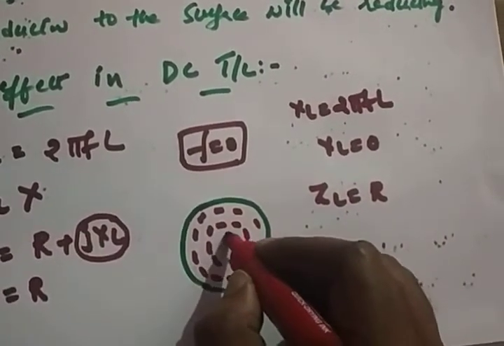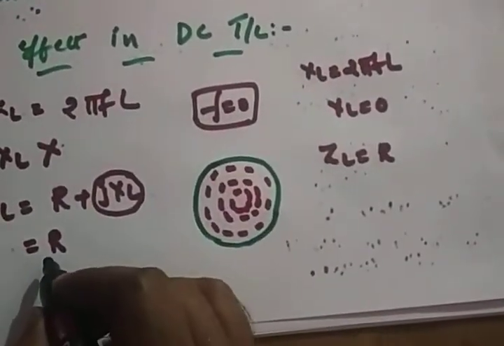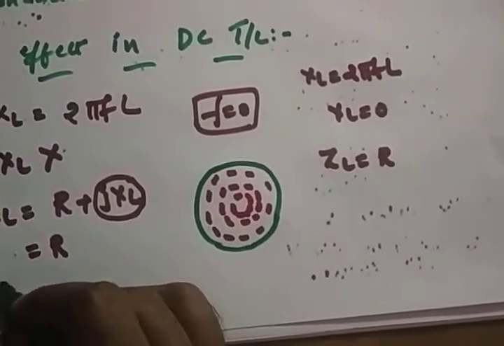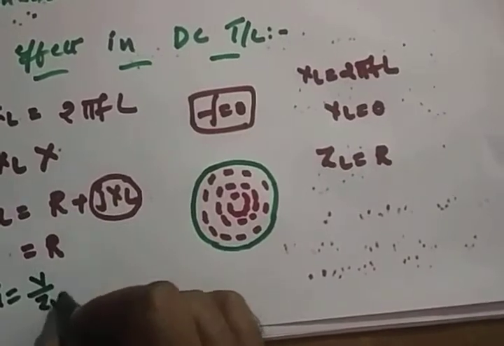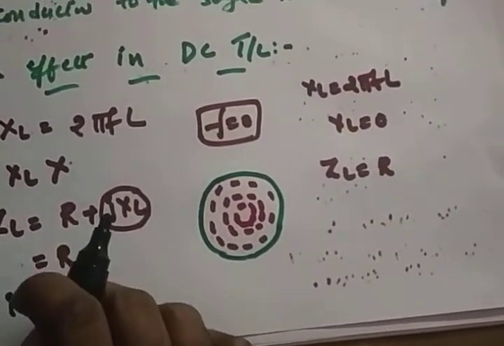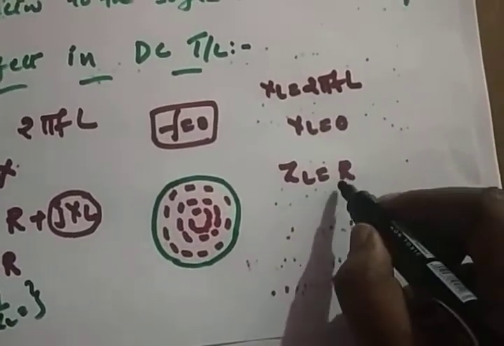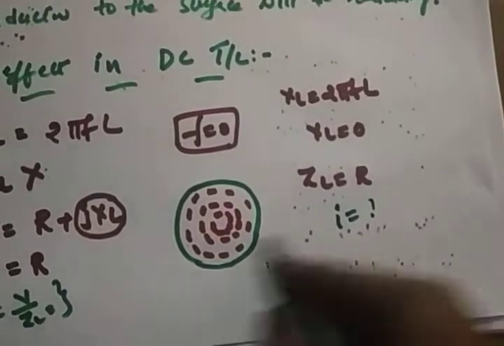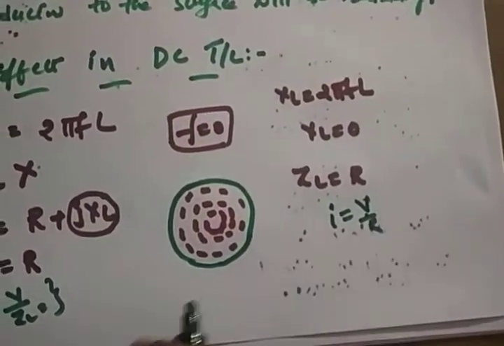These are the different layers. Near the surface, the resistance value will be R. So what is the current value? V by ZL, that is V by R. When you come to the surface of the conductor, the impedance ZL will be the same, so the same current will flow.